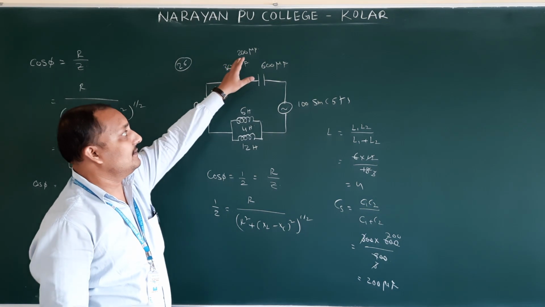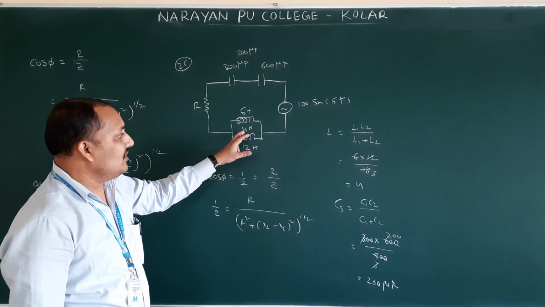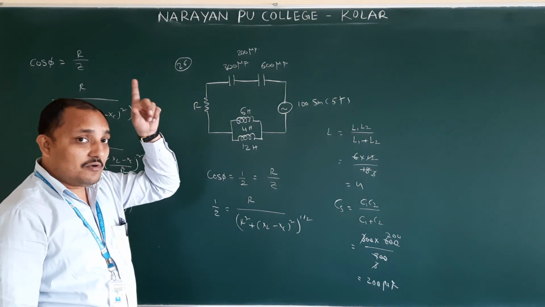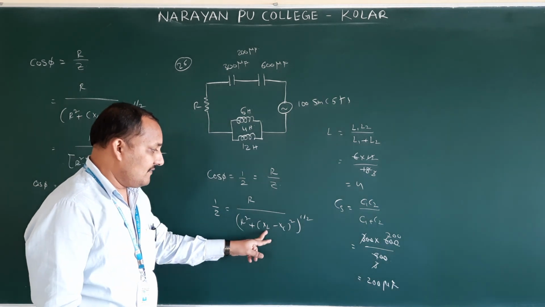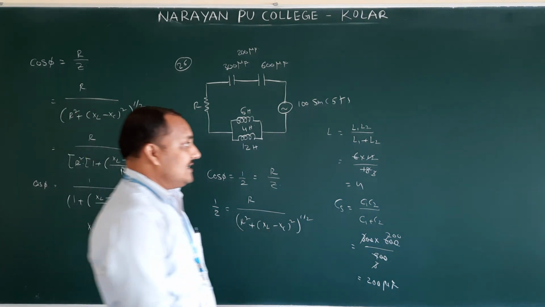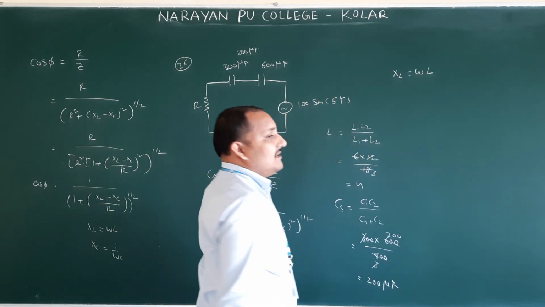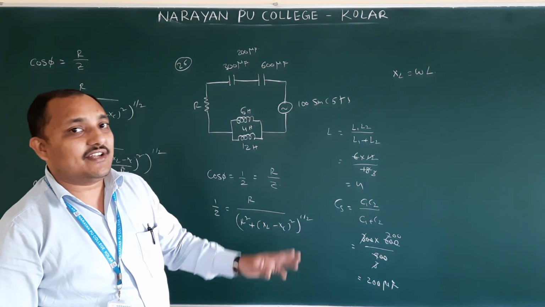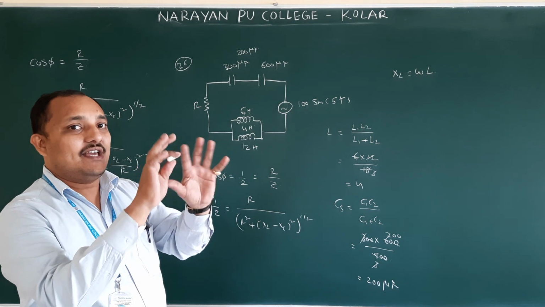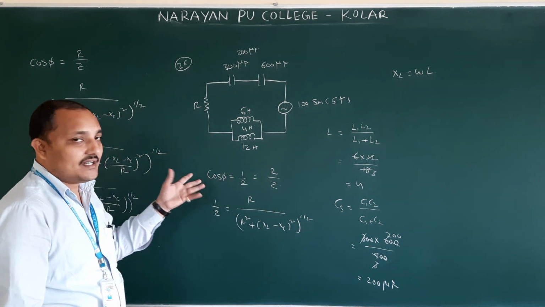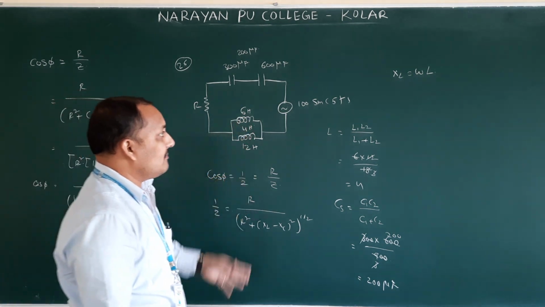Now the C value is 200, the L value is 4, and the R value we have to find. First we will see XL. XL is equal to omega L. See, each and every formula is revolving around impedance, either current or power factor.